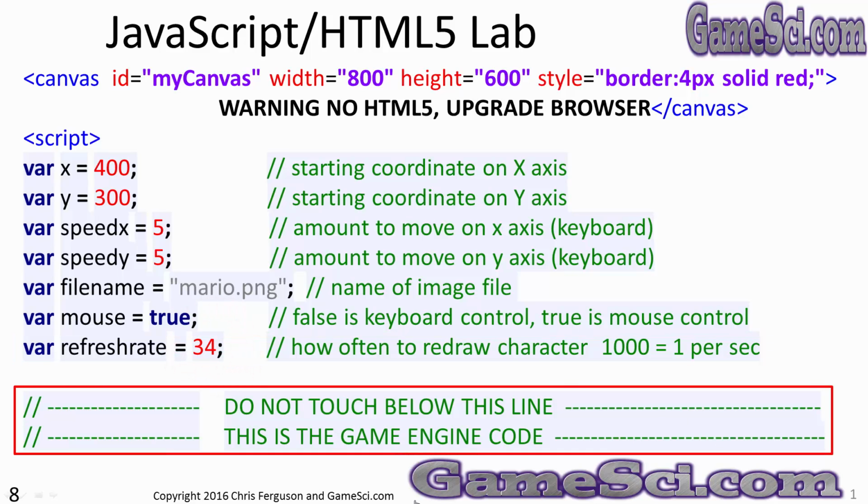Now, one of the ways I'm going to teach you about game programming is to show you how game engines work. I'll be honest with you, today in the real world, when you program a video game, chances are you're going to be using a game engine like Unity or Unreal Engine or Game Maker.